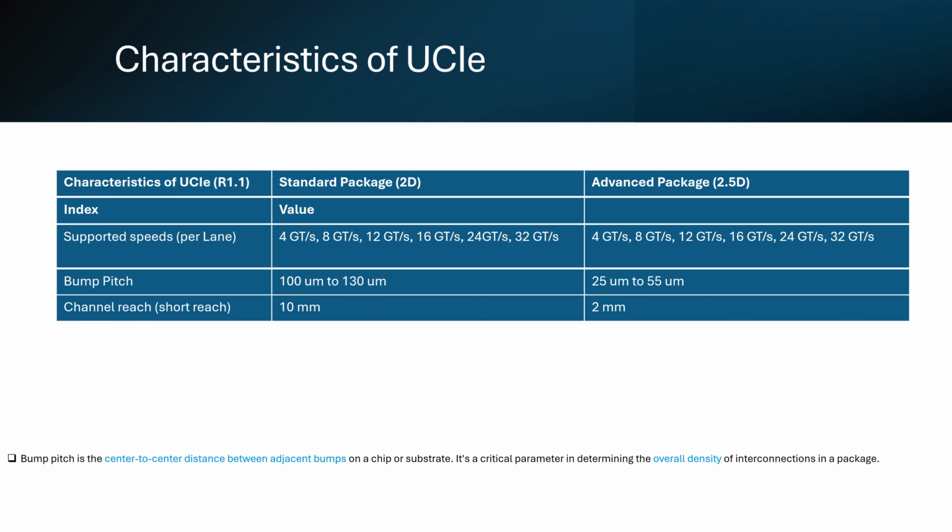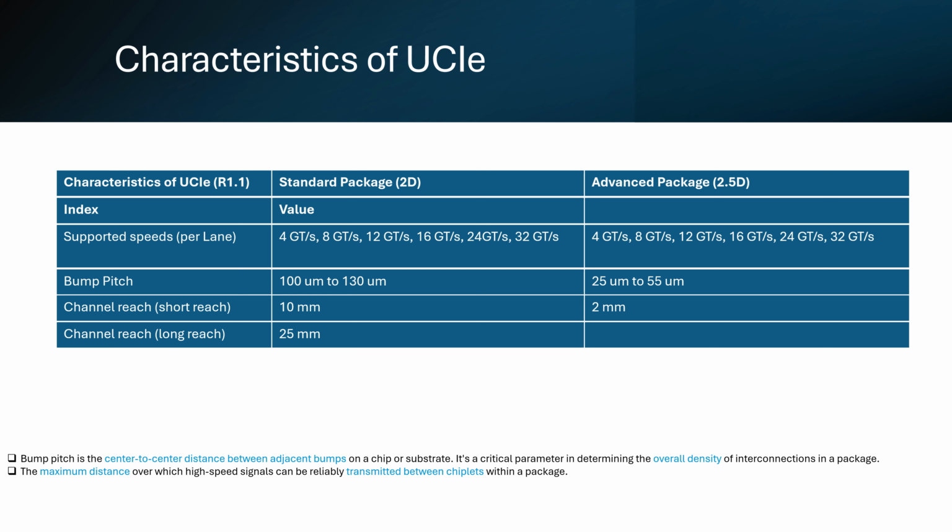Channel reach. The standard package supports both short reach as well as long reach. The short reach it supports is up to 10 mm. The long reach it supports is up to 25 mm. What is this reach? It's the maximum distance over which high speed signals can be reliably transmitted between chiplets within a package.